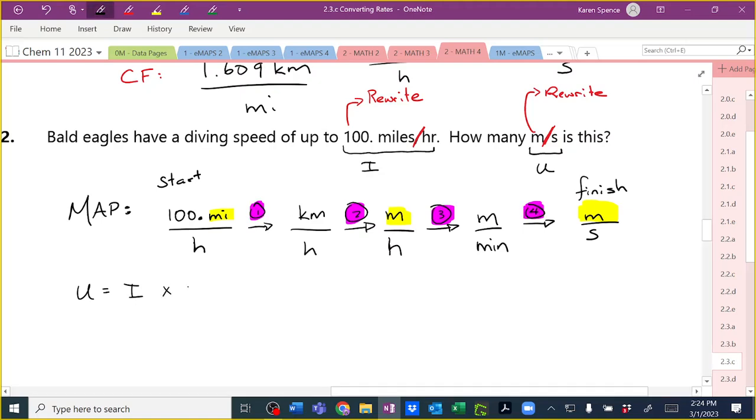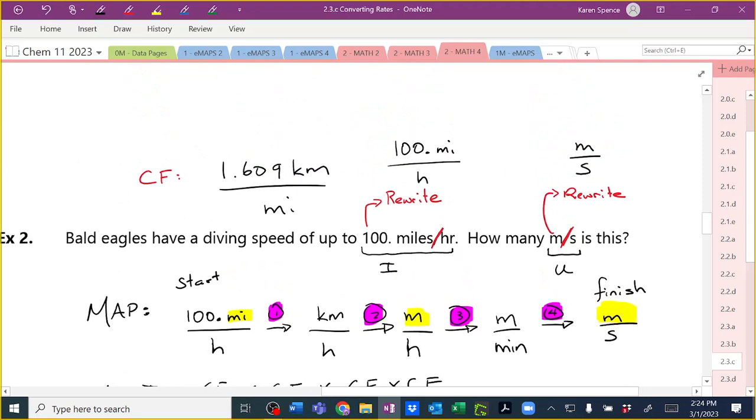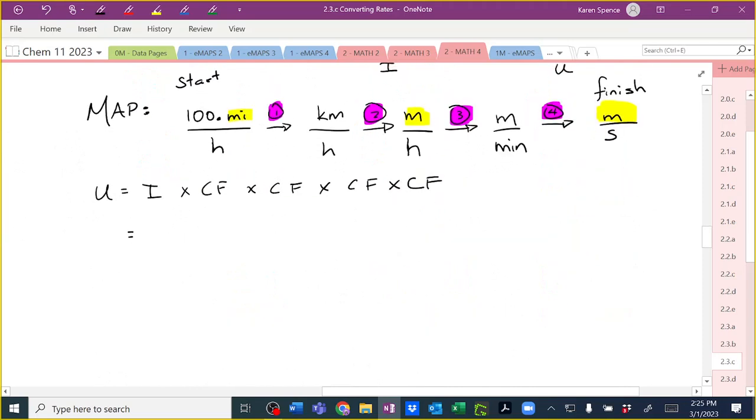So it's going to be times 1, 2, 3, 4. Our unknown quantity, meters per second, that's what we don't know. So we're going to write that here. I don't know how many meters per second.